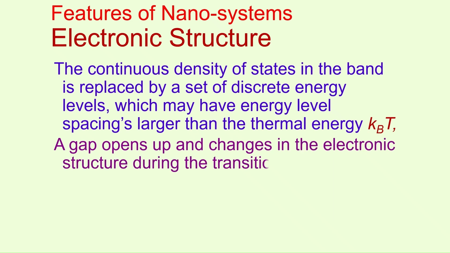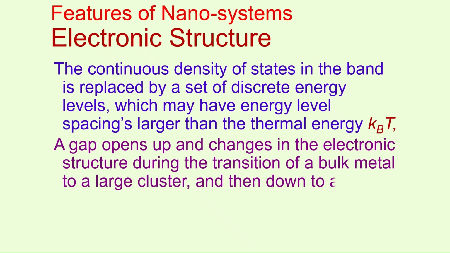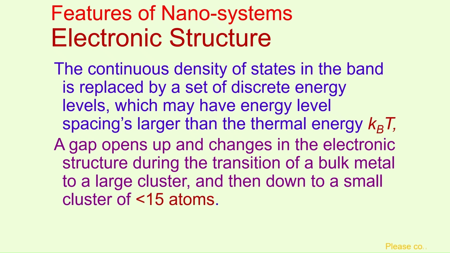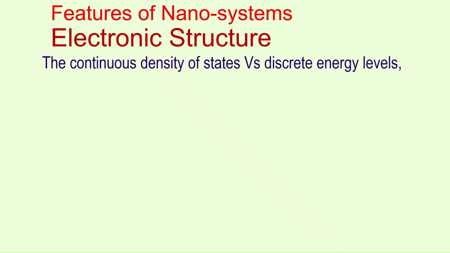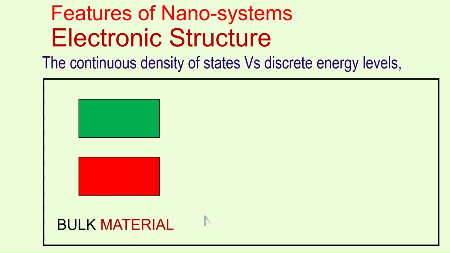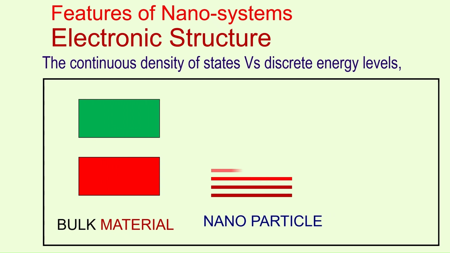A gap opens up and changes in the electronic structure during the transition of a bulk metal to a large cluster, and then down to a small cluster of less than 15 atoms. Note here the continuous density of states versus discrete energy levels in bulk, nanosize, and atoms and molecules.